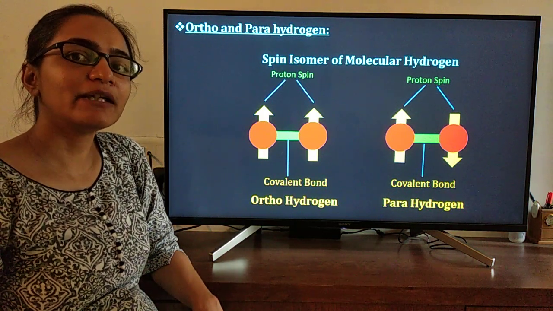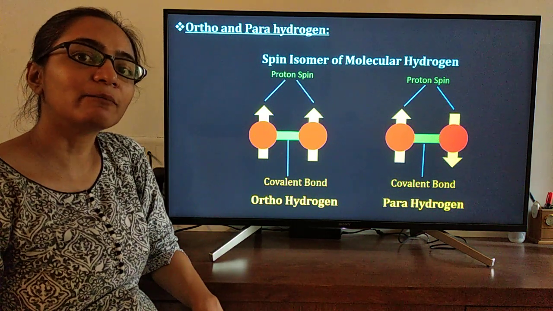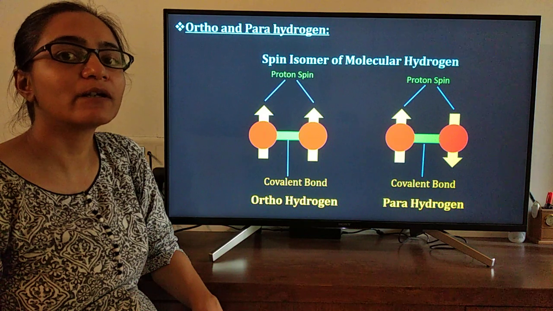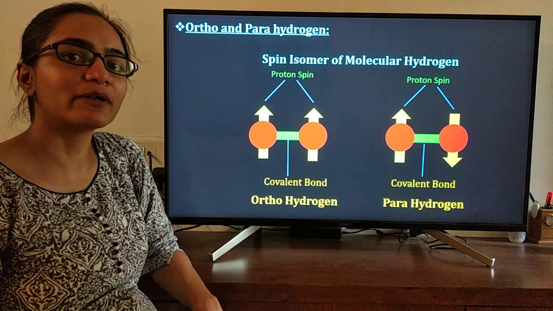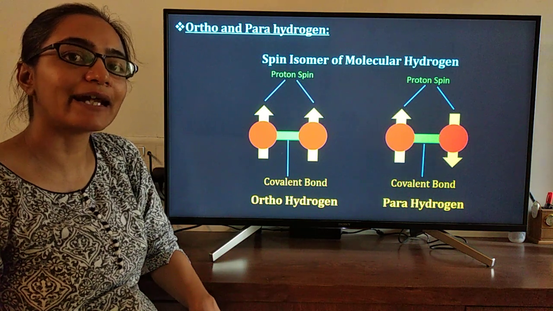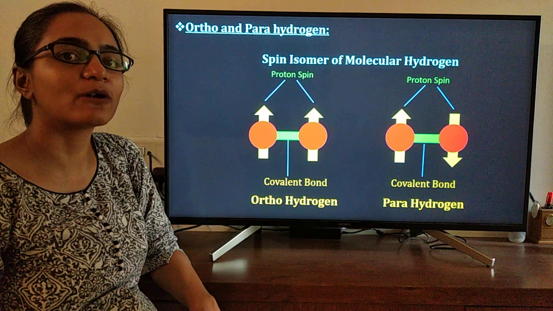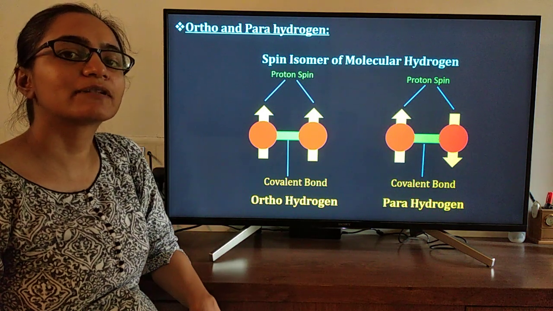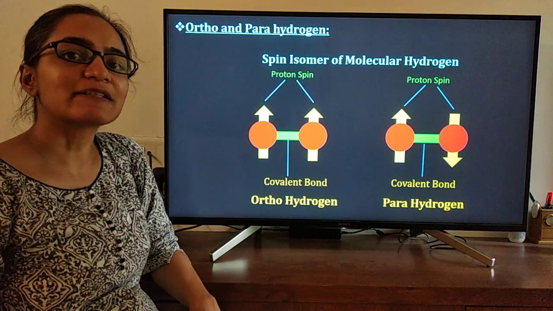The para form is more stable than the ortho form by 1.06 kilojoule per mole. The ratio between the ortho and para forms is about 3:1 at standard temperature and pressure, favoring the ortho form as a result of thermal energy. It is found from the subspectrum.